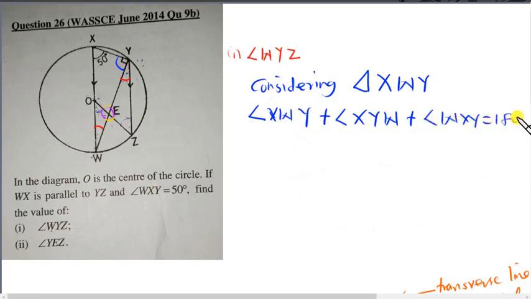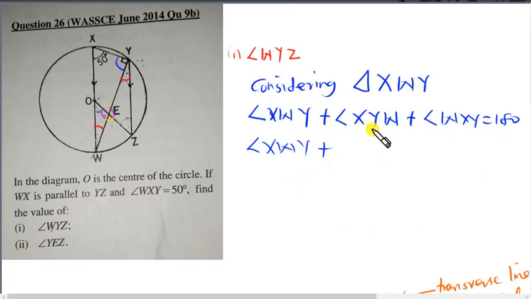The sum of the interior angles of a triangle is 180 degrees. So that is the idea that we use in here. We are summing the interior angles of the triangle XWY. So the angle XWY is the angle that we want. We don't know it, so we write it again, XWY.